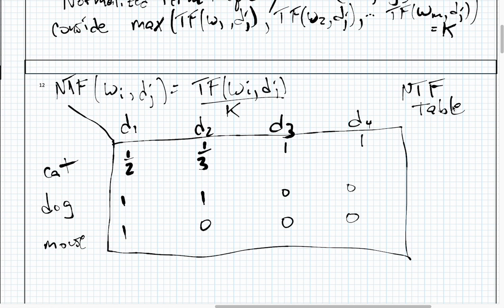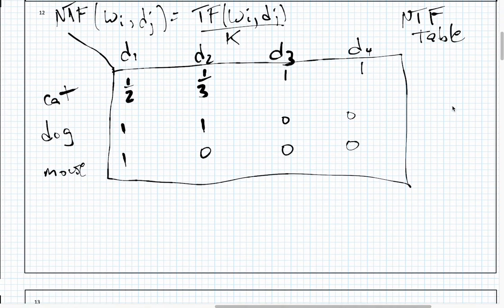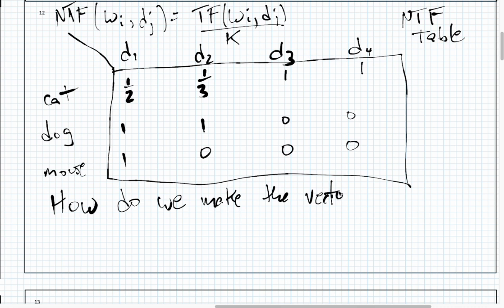So now we get to the final thing. The final part of this tape, we'll be making another one shortly, is how do we make the vectors for each document?